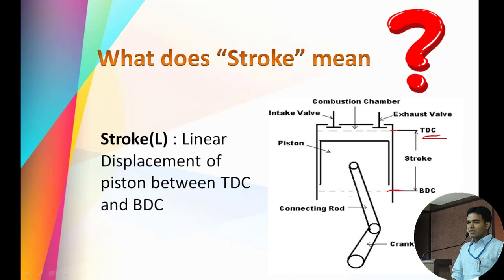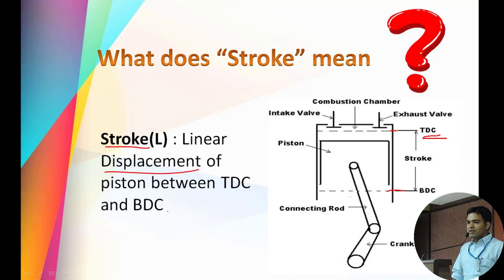With the help of this TDC and BDC, you can define the stroke. So stroke means the linear displacement of the piston between the top dead center and the bottom dead center. I am again repeating, stroke you can define as the linear displacement of the piston between top dead center and the bottom dead center.